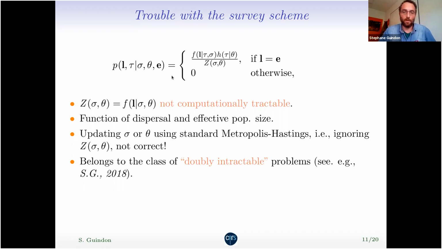So that's a doubly intractable problem. And it turns out that I've worked on this sort of problem, but in a different context, in the context of molecular dating. And therefore, I was able to transpose what I've learned on those problems into the setting that we are interested in here today.